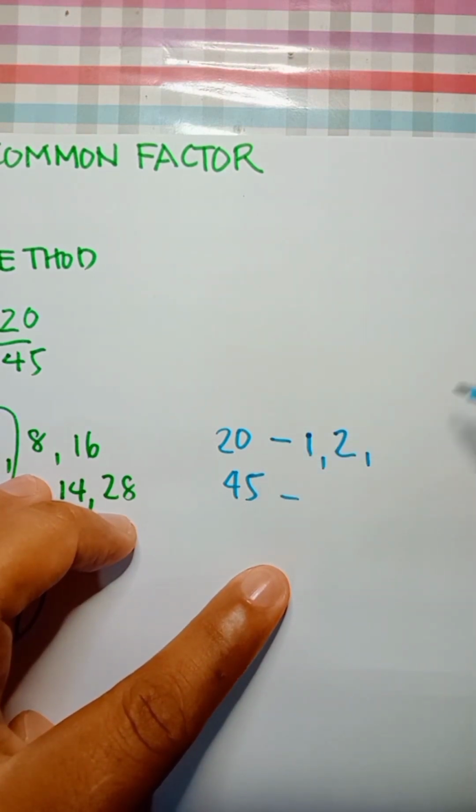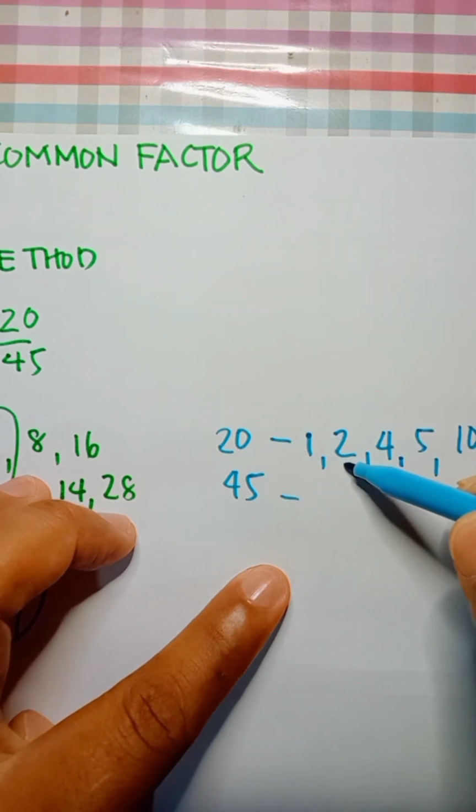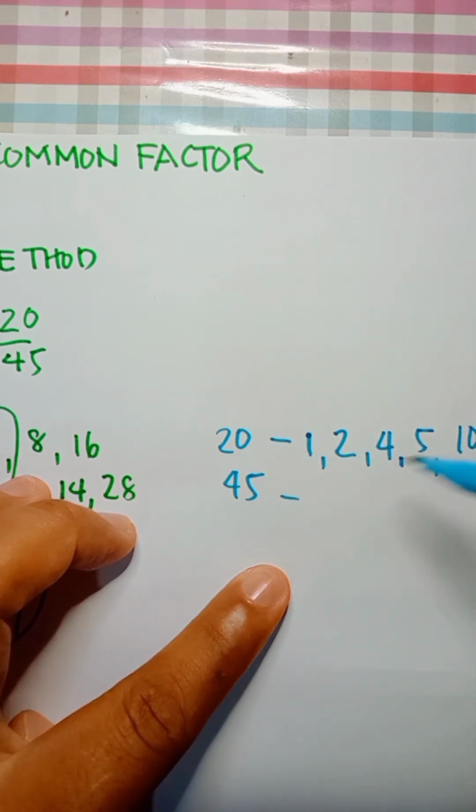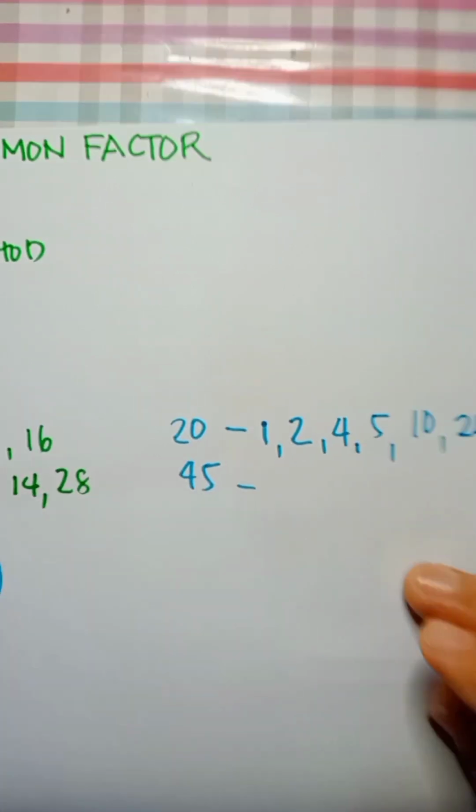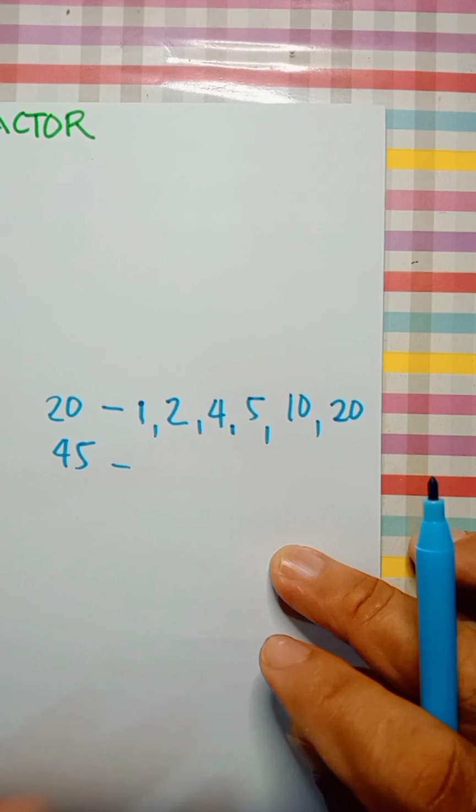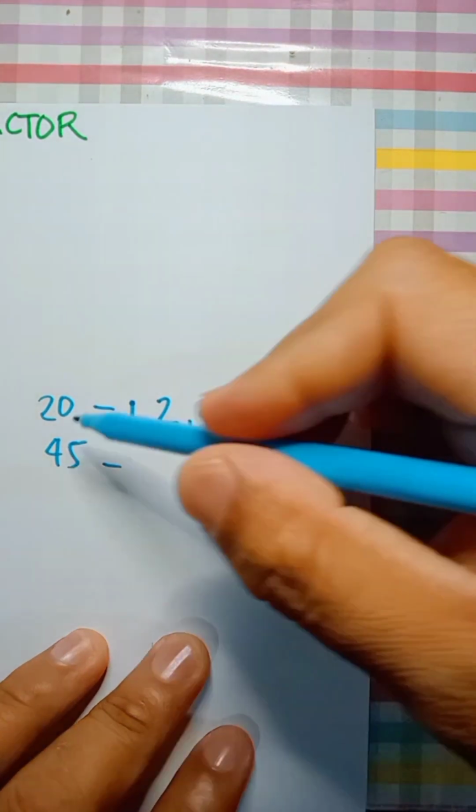And 20 can be divided by 4. 20 divided by 4 is simply 5. And 20 can be divided by 10 because 20 divided by 2 is 10. And lastly, 20 can be divided by 20. Alright, so these are the factors of 20.